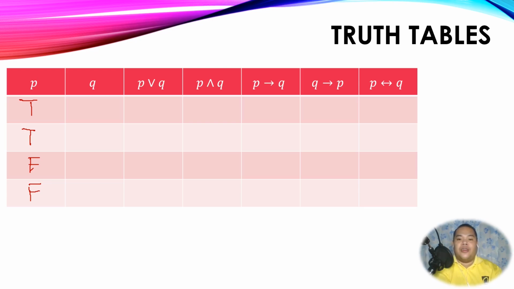Next, for column Q, there will still be 2 T's and 2 F's. However, we must not forget to write them in a manner that no column for Q will repeat in alignment with P.